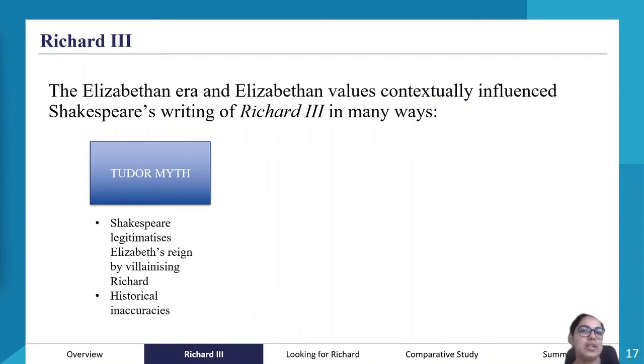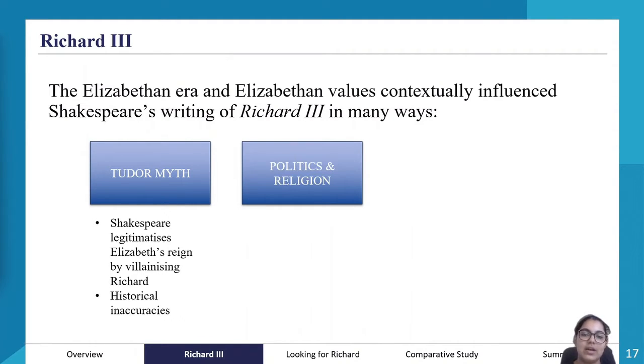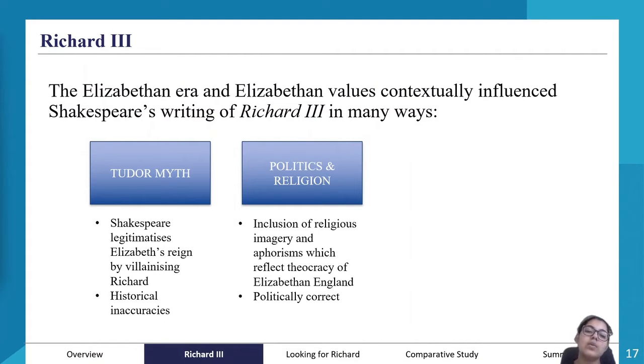That guy is Queen Elizabeth's grandfather, and so that's how the play paints them, and hence why there are lots of historical inaccuracies here. In terms of politics and religion, there's a lot of inclusion of religious imagery and aphorisms which reflect the theocracy of Elizabethan England.